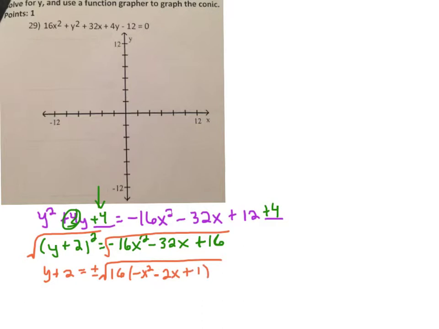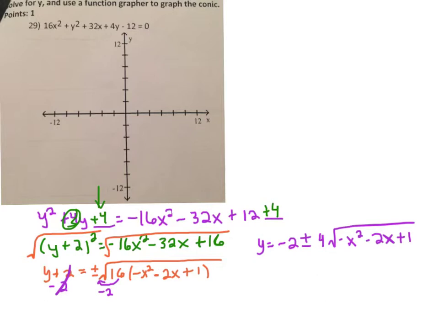If I take the 16 out, this is what I get. And then basically what we're going to do is say, oh, I can take out that 16 by taking the square root of it, so that we'll end up with a 4 on the outside of our square root. We can also subtract the 2 over to this side. So that gives us y equals -2 plus or minus 4 times the square root of -x squared minus 2x plus 1.